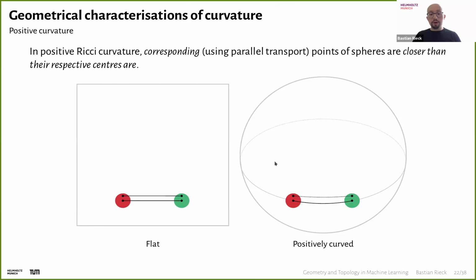However, if you are on a positively curved space, and now you have to believe me that this is supposed to be positively curved, then you can see that the geodesic between those 2 corresponding points becomes closer than the geodesic between those centers. So that's a consequence of the curvature. It's a little bit hard to illustrate this, and this is the best I could do. If you have some ideas of how to do it better, then please let me know. But that's the rough idea. So we measure whether corresponding points are closer than their centers are.